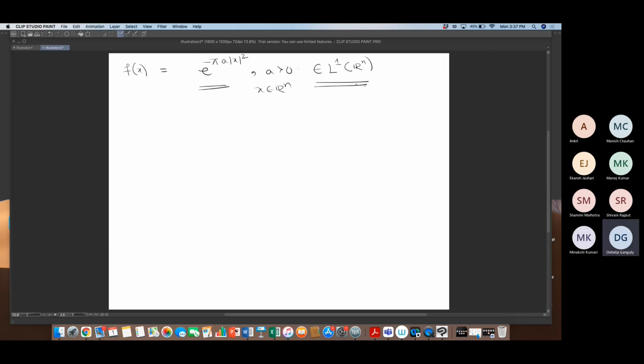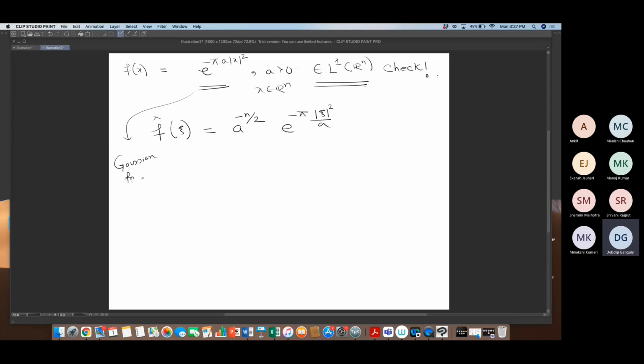Anyway, check this. This is an L1 function, okay? And if you take the Fourier transform of this function, you will get (1/a)^(n/2) e to the power minus pi xi squared by a. These are known as Gaussian functions, right?